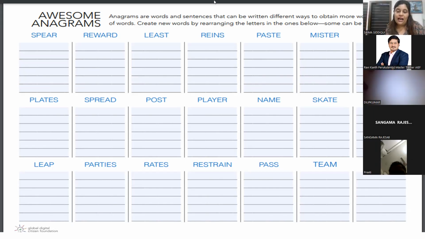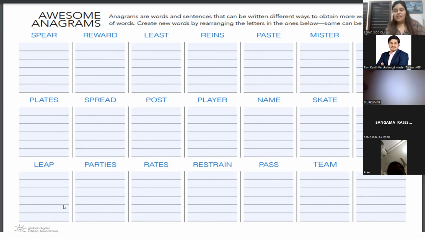Okay, next word is REINS. So you can also have an activity like this wherein you form in, sin, and siren. Okay. Yes. So next slide.